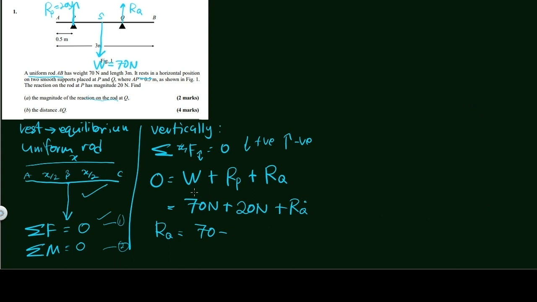Since I chose to consider all downward forces as positive, upward is negative. So here I should put plus negative 20 Newton. Why negative? Because RP is acting upward. RQ we don't have the value of, so just put it as RQ.